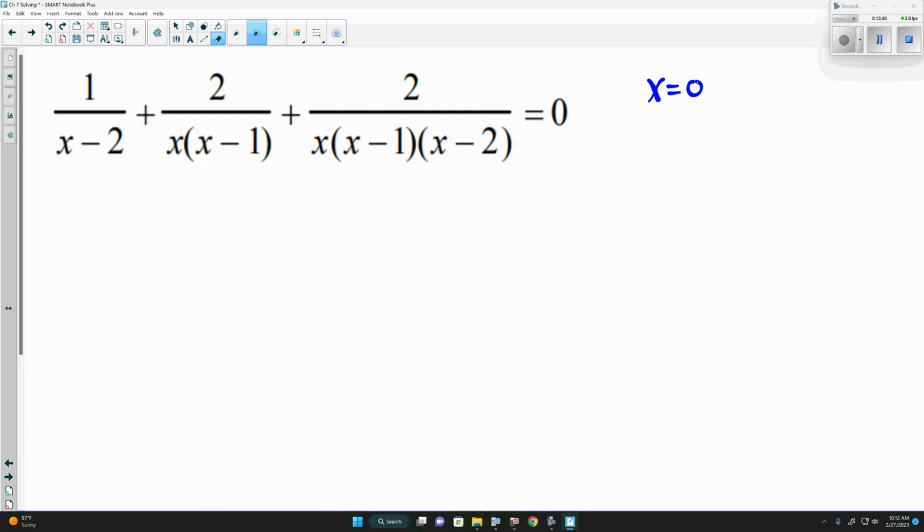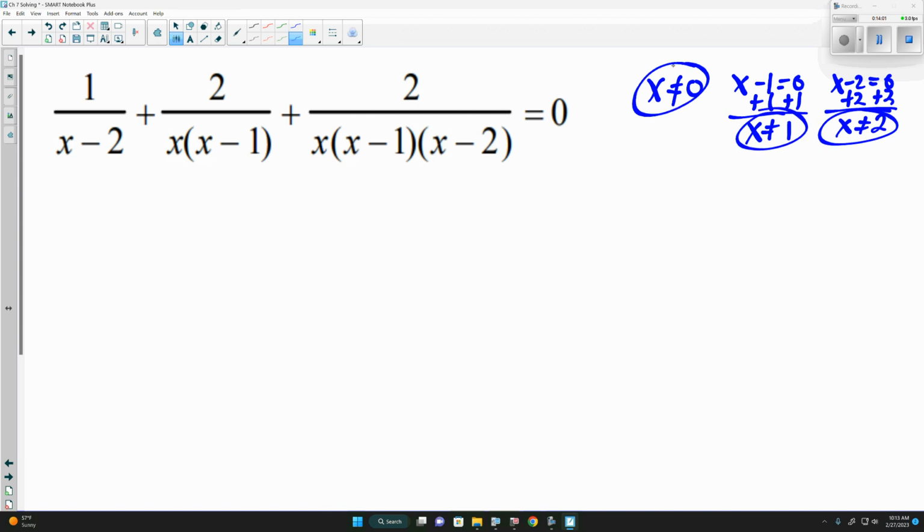So we know x cannot be 0. With x minus 1, it would be positive 1. And with x minus 2, x cannot be 2. So for this one here, we have 3 restrictions, 3 values of x that we cannot have.